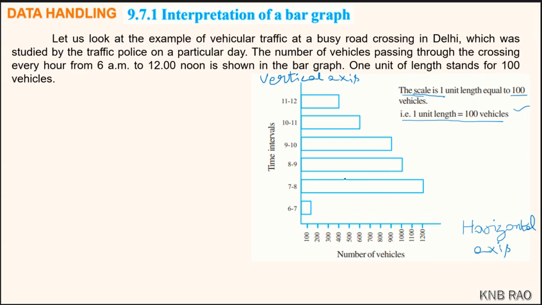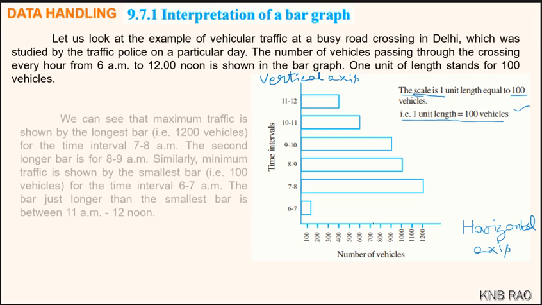Now, here you can see bars along the horizontal axis. We call this graph a horizontal bar graph, where bars are parallel to the horizontal axis.